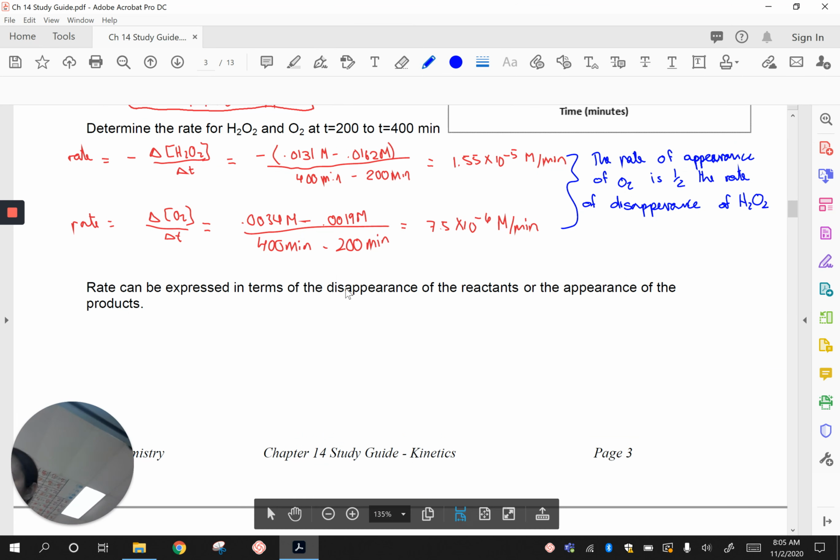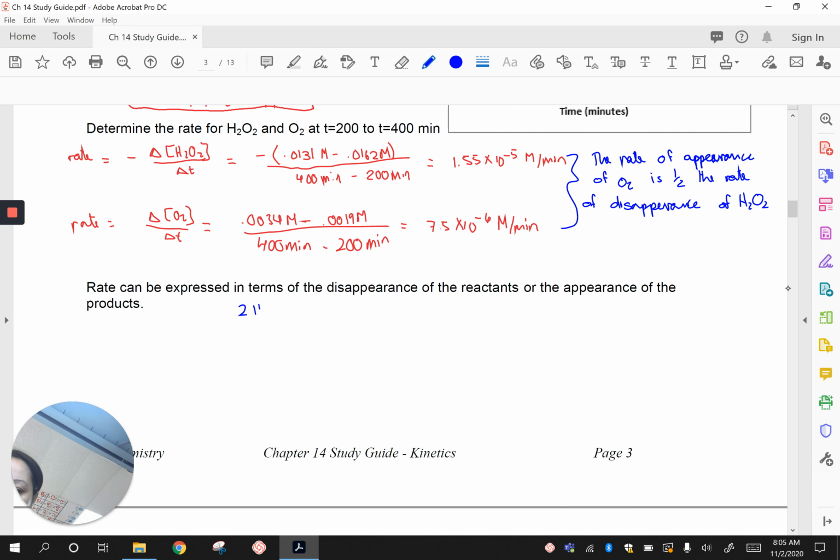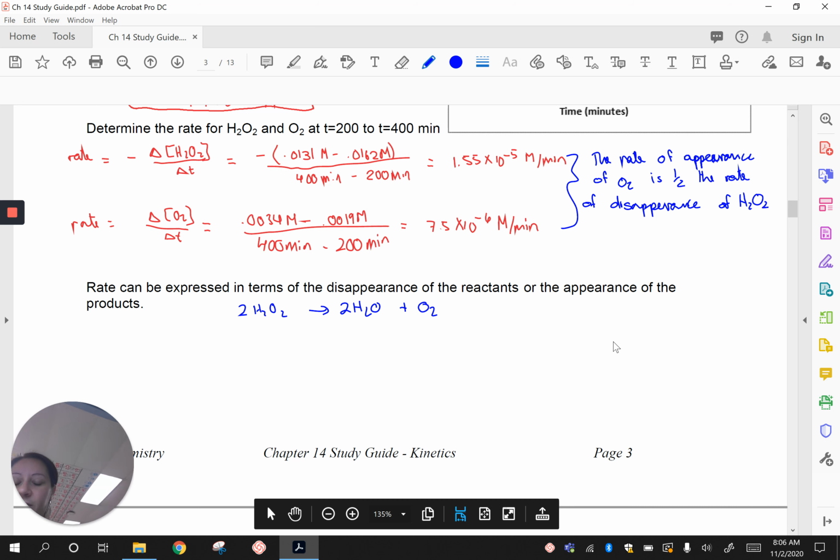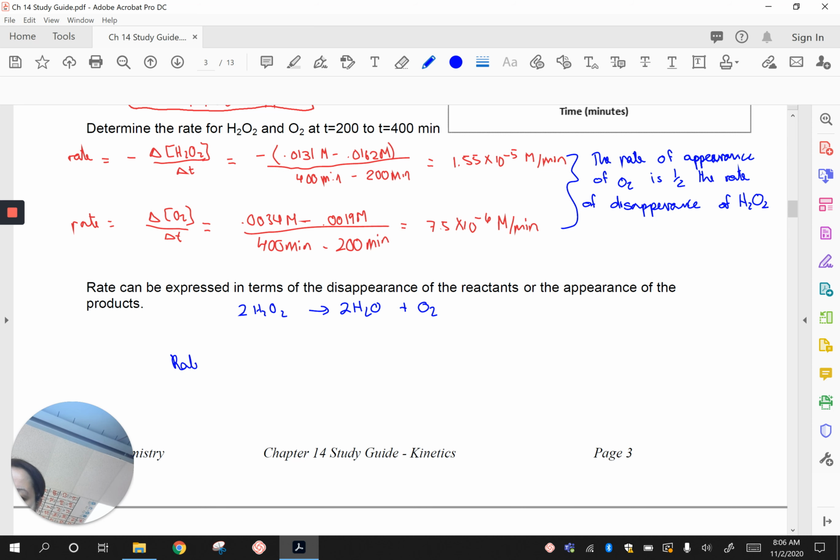So in this case, I'm going to rewrite the equation here so we can see it. We can see that it's a 2-to-1 ratio here. So what we do is we can say rate is equal to, if we have the rate of one and we're trying to find the rate of the other, we put, like we said, negative for the reactants, and we put 1 over the coefficient for each of the substances.